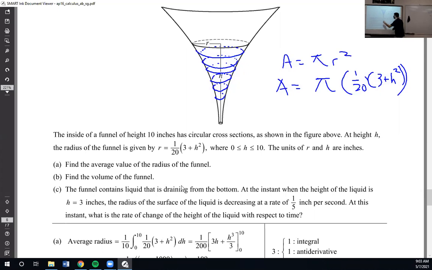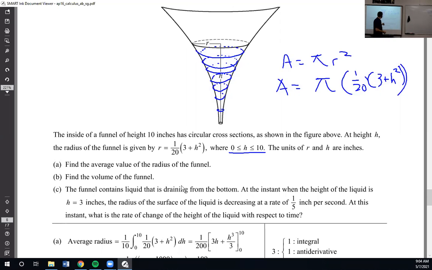And so we're basically accumulating all of these from that height. And so how many of these are going? It's starting down at 0 and going up to our height of 10. So to get from the area to volume, to accumulate up all of those circles, that's what the integral is going to let us do.